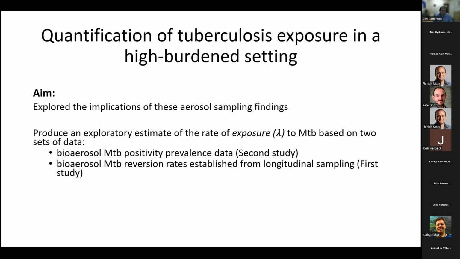So what we wanted to do specifically was to try and make an estimate of the rate of exposure to TB based on these two sets of data. Essentially we have cross-sectional prevalence data, which was the second study I talked about, and reversion rates from the first study, because it's the study where we've really done longitudinal sampling.